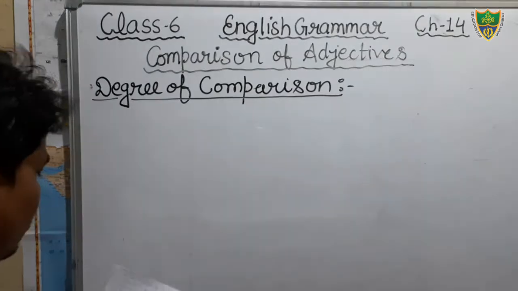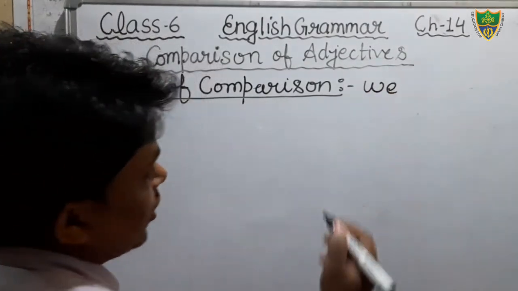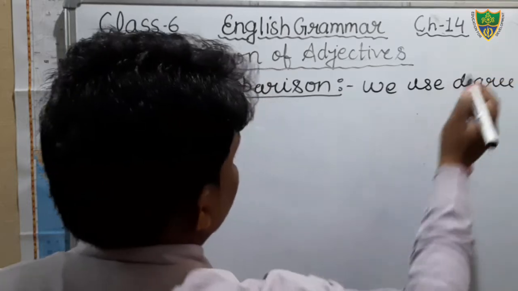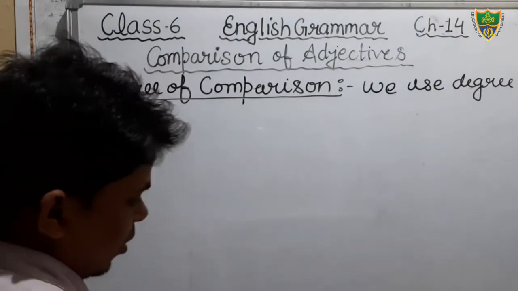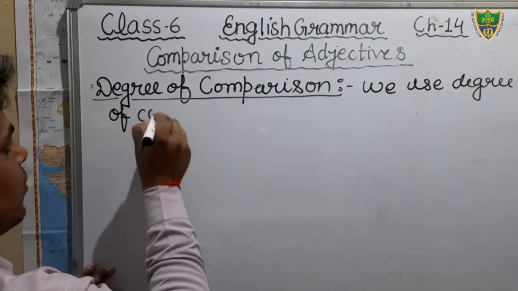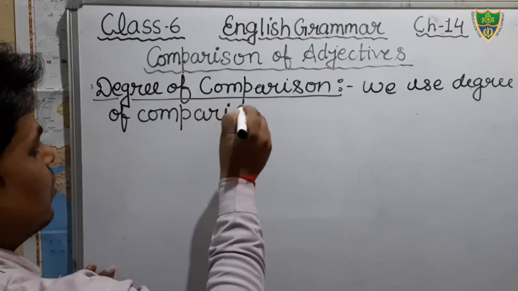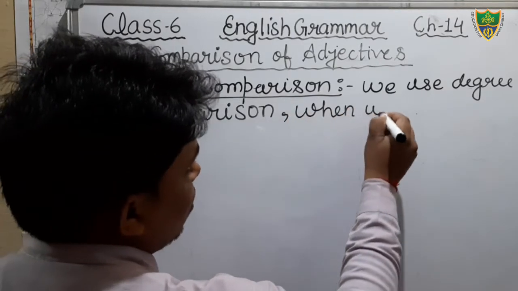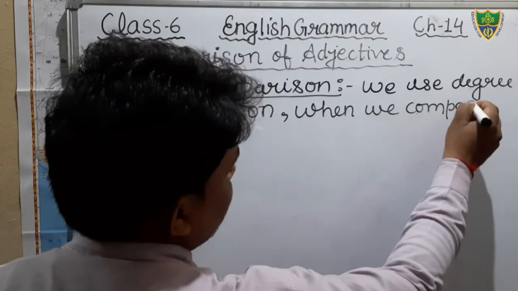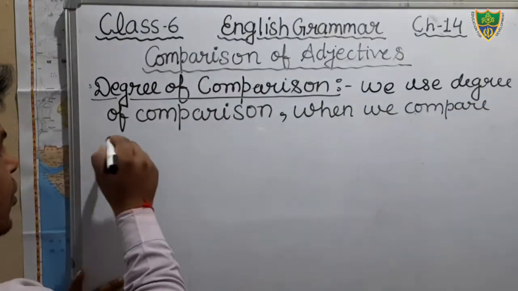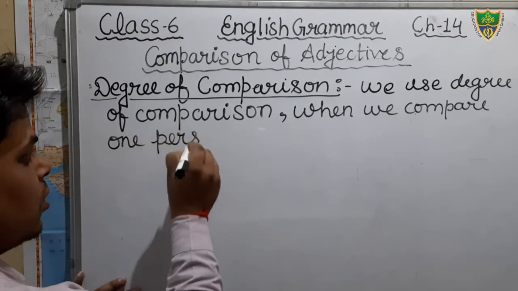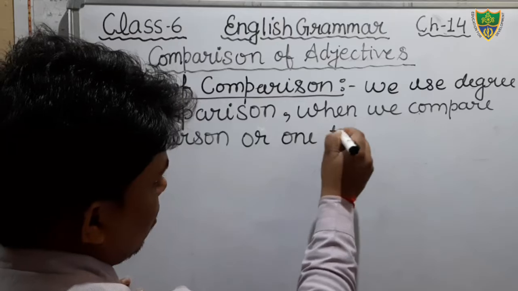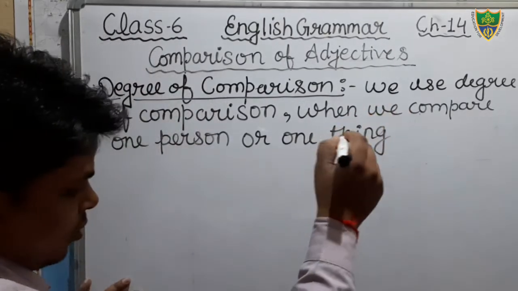Write down, students, in your notebook: we use degree of comparison when we compare one person or one thing with another.